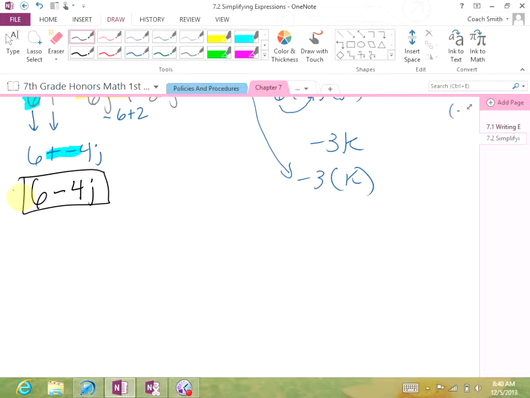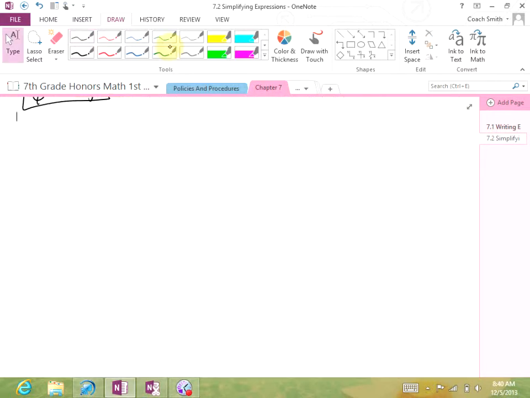All right, so next one. I want you to try this one on your own. It's got some distributive property in it. 5 times z plus 8 minus, z plus 2 minus 8.